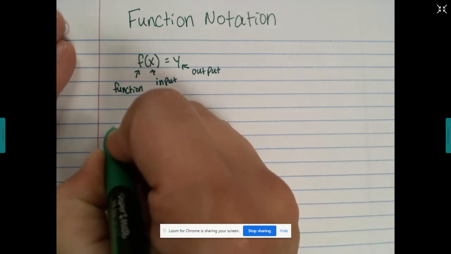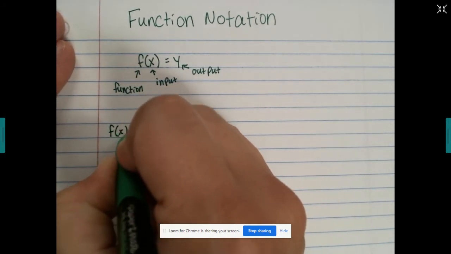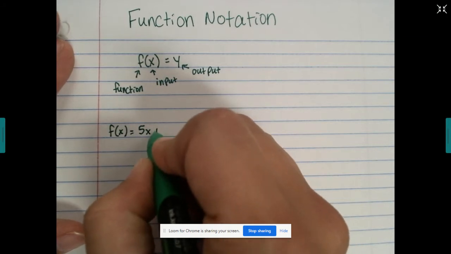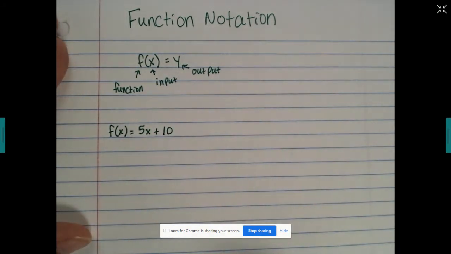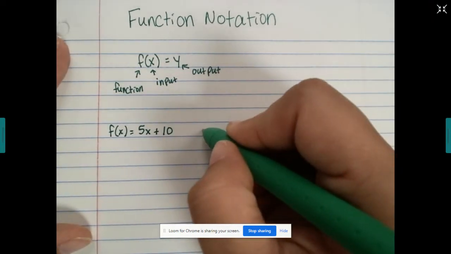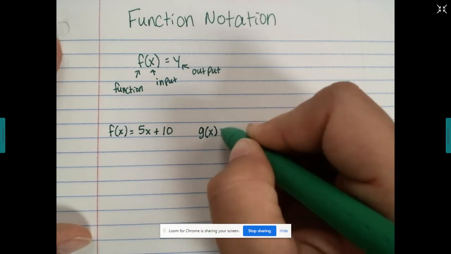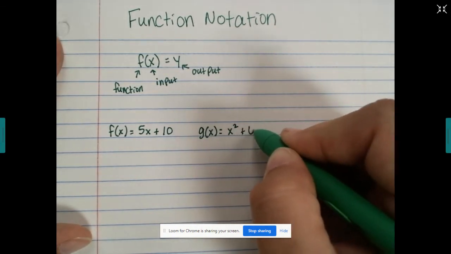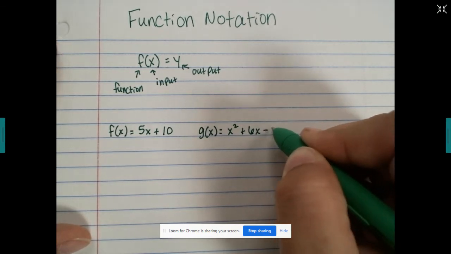So let's say we have f of x equals 5x plus 10. And let's say g of x equals x squared plus 6x minus 4.